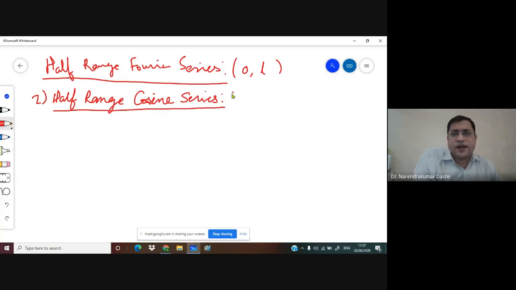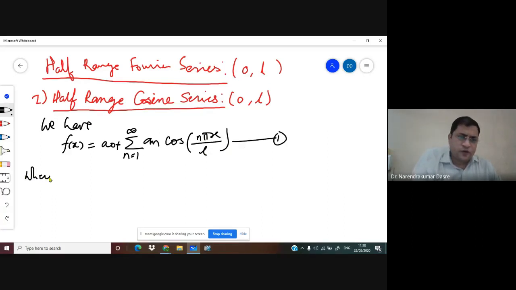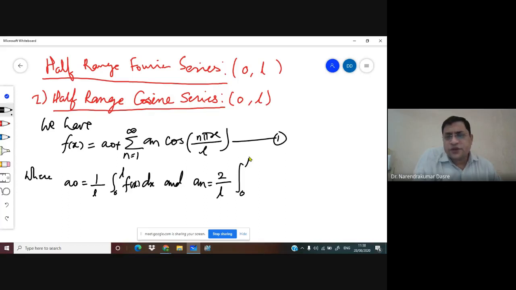Remember that your interval is now 0 to L. We have f of x is equal to a0 plus summation n running from 1 to infinity an cos of n pi x by L. Let this be equation 1, where a0 is equal to, be careful here, 1 upon L integral 0 to L f of x dx, and an is equal to 2 upon L integral 0 to L f of x cos of n pi x by L dx.